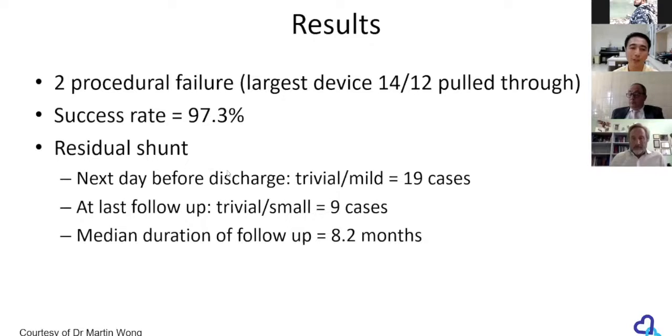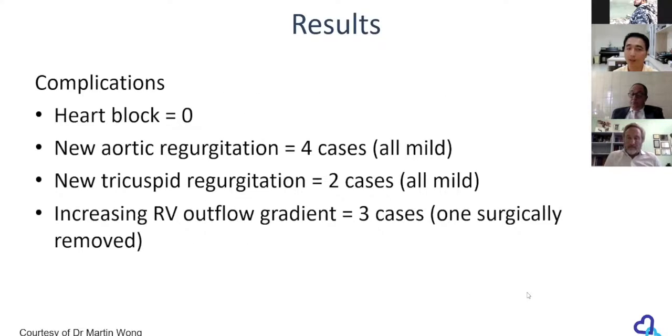There was residual shunt in 9 cases, very trivial and small, and our mean duration of follow-up is 8.2 months. There was no complete heart block at all, with only very mild AR and TR. But interestingly, we have 3 cases of RVOT obstruction. Nagesh, I've told you before that 1 patient just last month had this device surgically explanted.